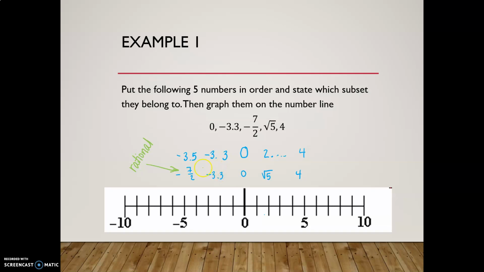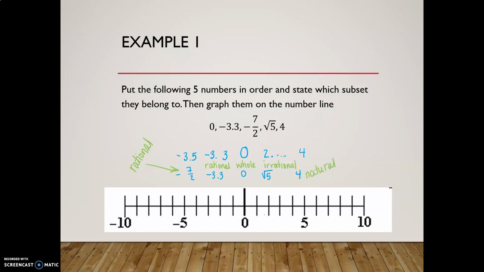It does, because it ends, so this would also be rational. 0 is a whole number. We've got square root of 5. Square root of 5 did not simplify to an integer, so therefore it is an irrational. Uh-oh, I'm going to run out of room. There we go. And then 4 is a good old natural number.